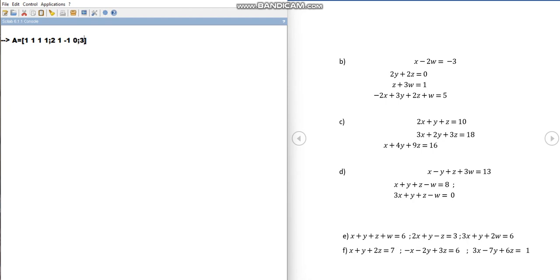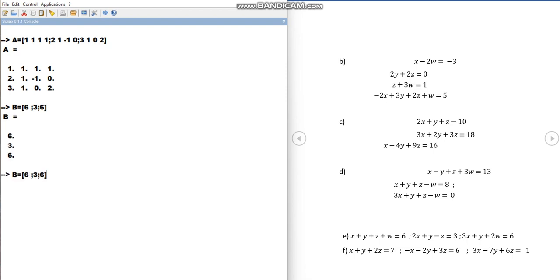Then x coefficient 3, y coefficient 1, z coefficient 0 again and w coefficient 2. So this is our matrix A. Then the matrix B is 6, 3, 6. Semicolon is missing.